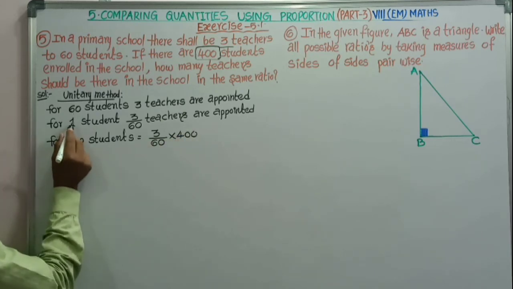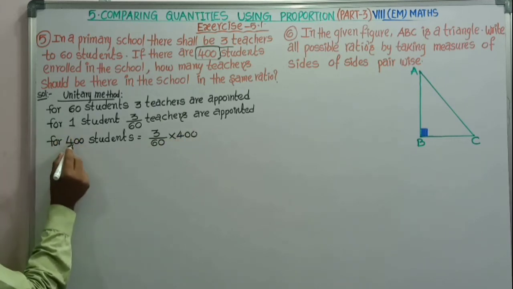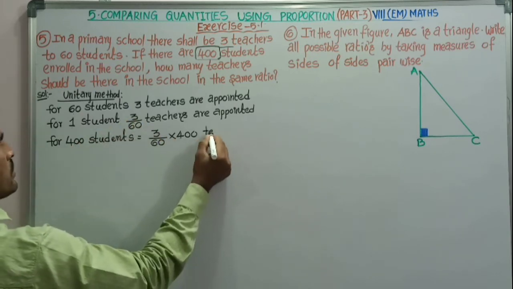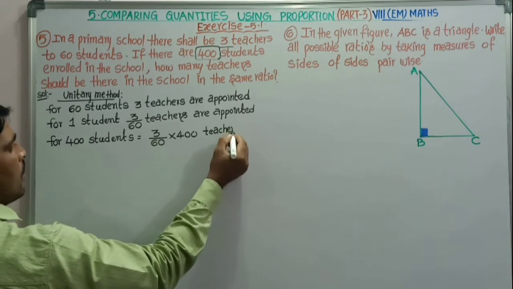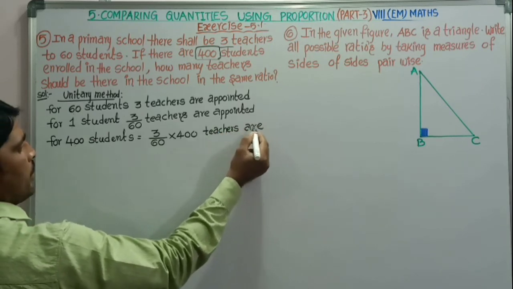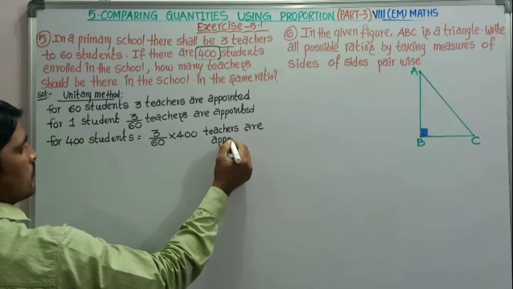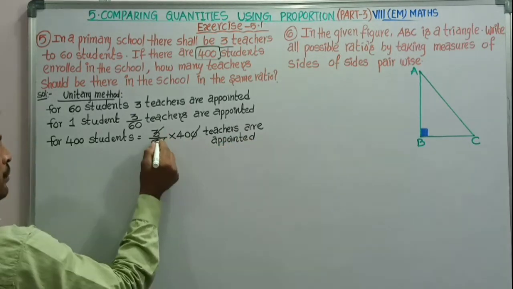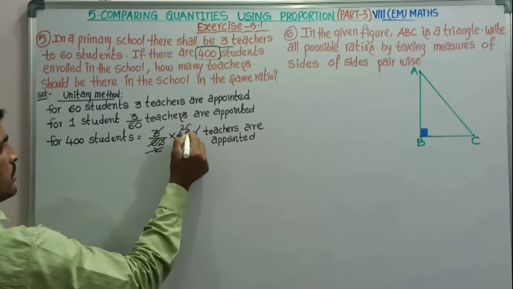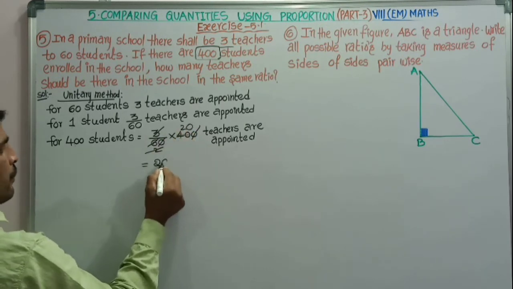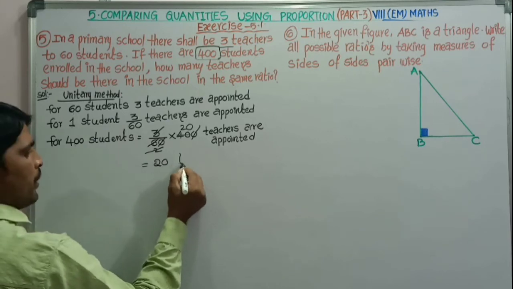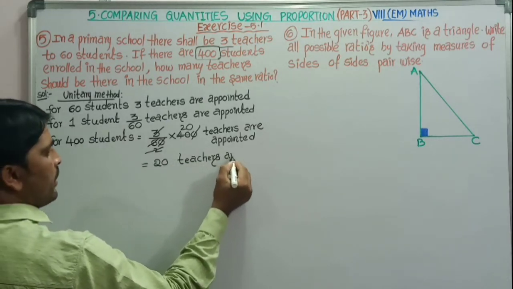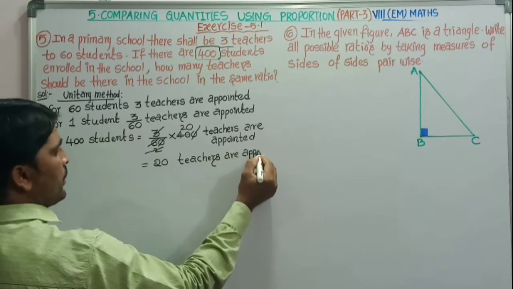To get 400, we have to multiply 1 by 400. In a similar manner, we have to multiply 400 here also. 0, 0, 3 ones, 3 twos, 2 ones, 2 twenties. That is, for 400 students, 20 teachers are appointed.